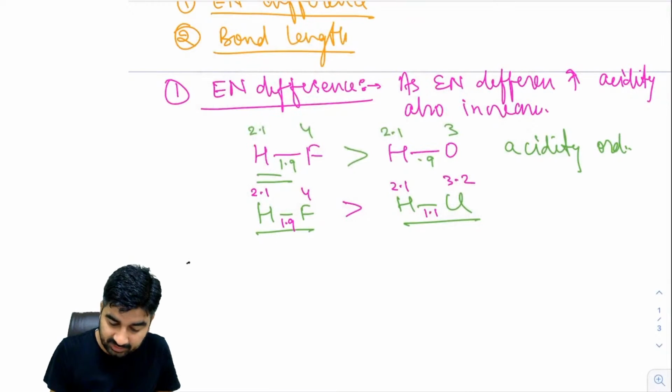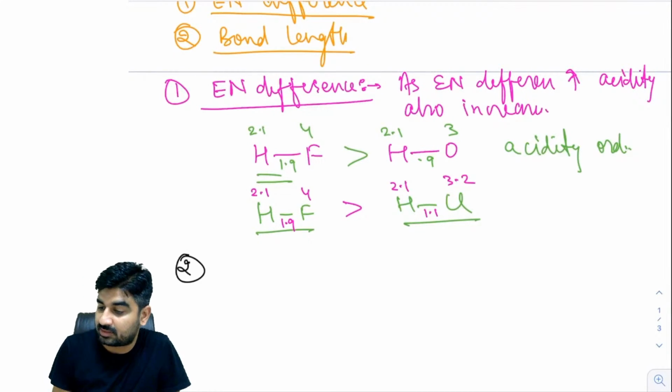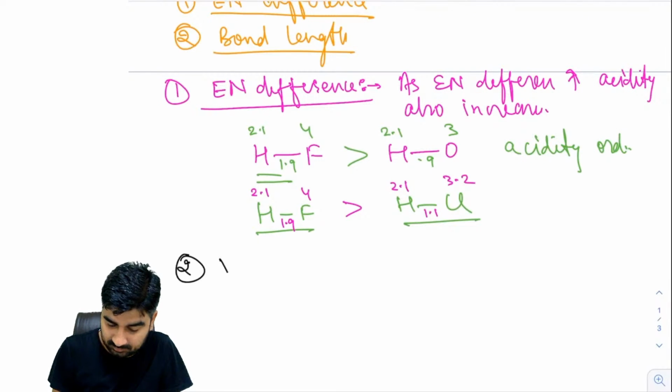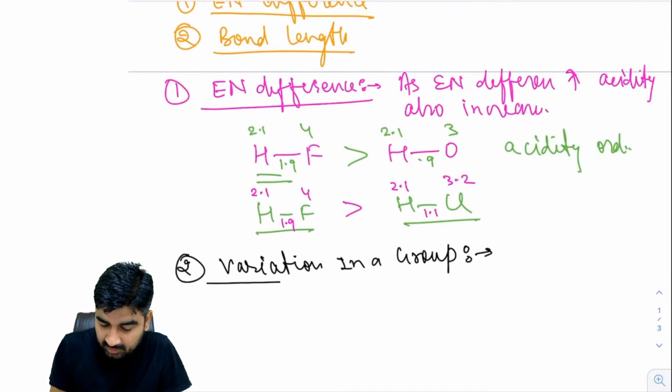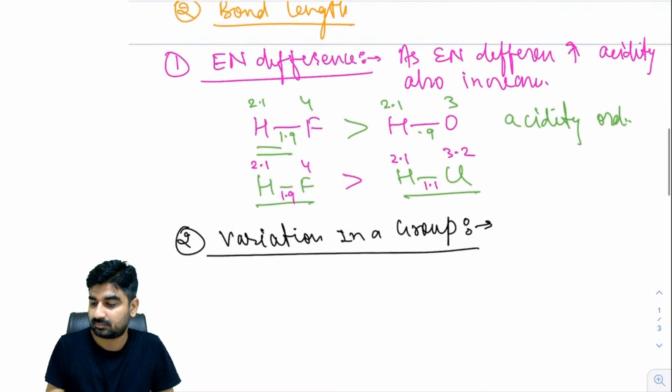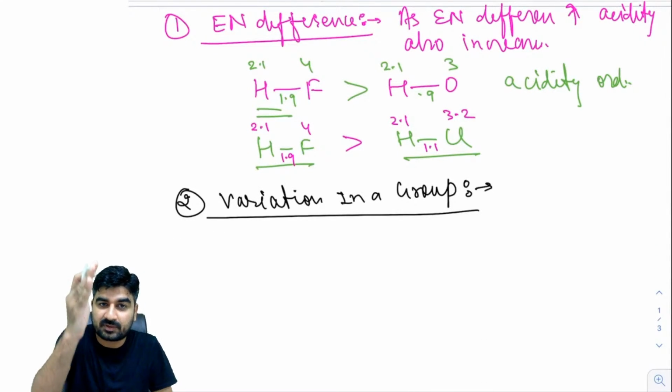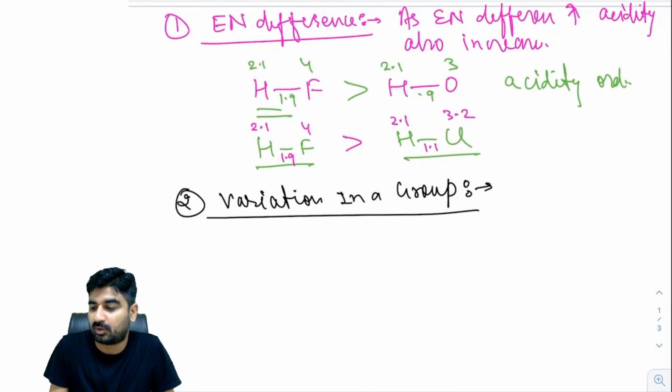Now let's move to the next point, and that point is variation in a group. Group means when we are moving from top to bottom.